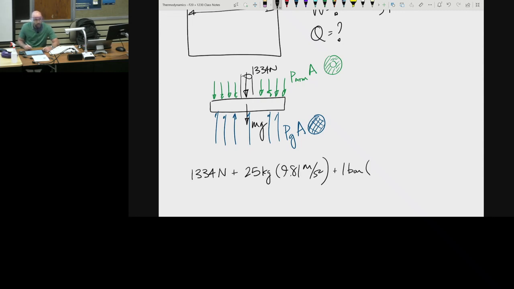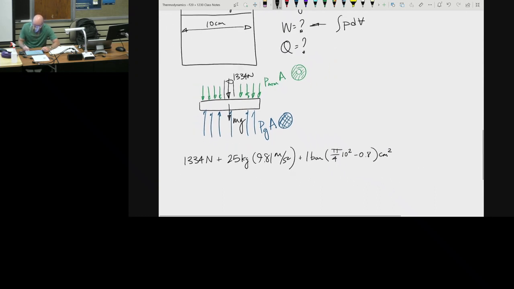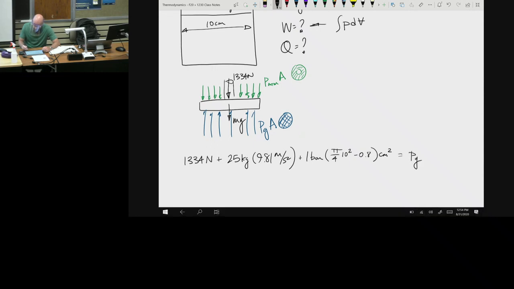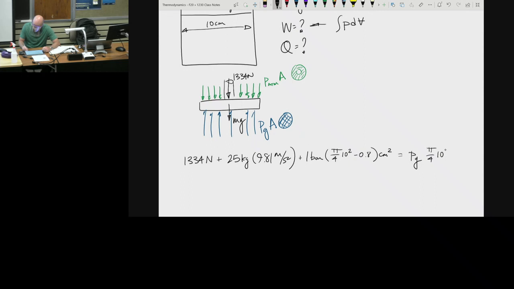The area is pi over 4 times 10 squared minus 0.8, in centimeters squared. Here I took the area of the overall circle and subtracted the area of that shaft. That has to equal the pressure of the gas times the area, which is pi over 4 times 10 squared, in centimeters squared.